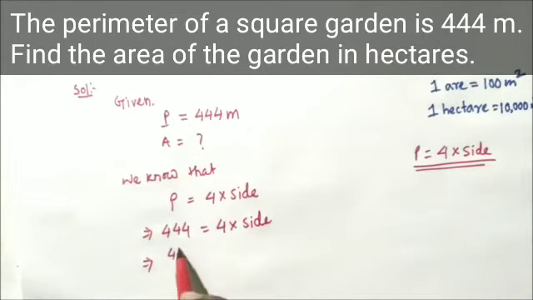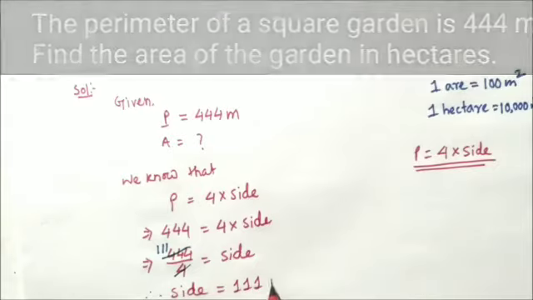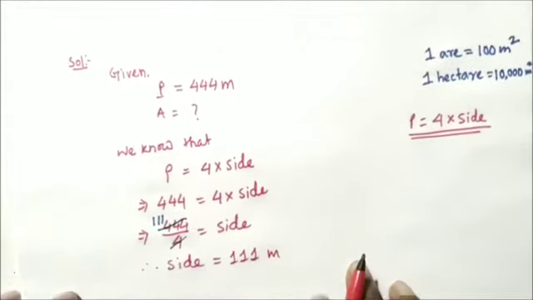So 444 divided by 4 equals side. If you calculate this, 4 ones are 4, 4 ones are 4, 4 ones are 4. So 111. Therefore, the side is equal to 111 meter.